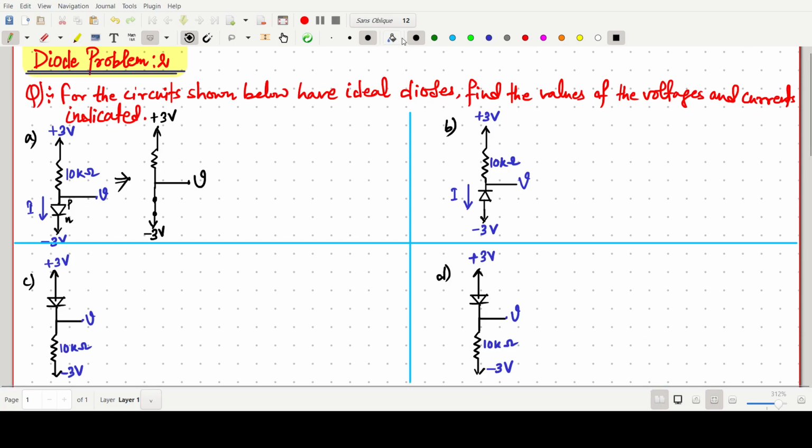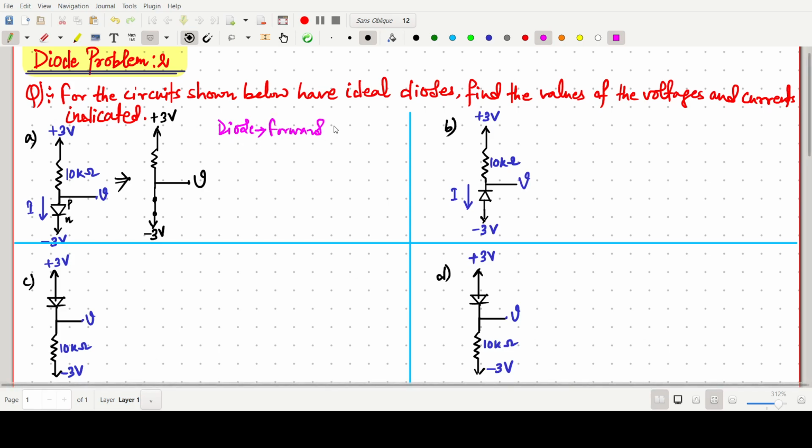So here the diode is forward biased, because this N is connected to negative, so it is now shorted. So now this one is the equivalent circuit, and this one is just our 10 kilo ohm, okay. So now this one is connected to the minus 3 volt, so this V is simply our minus 3 volt. You can simply write V equals minus 3 volt.